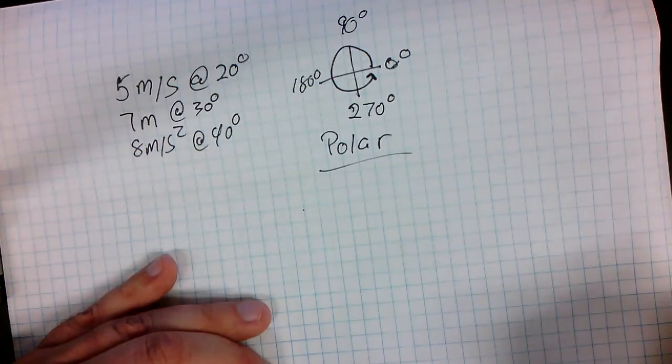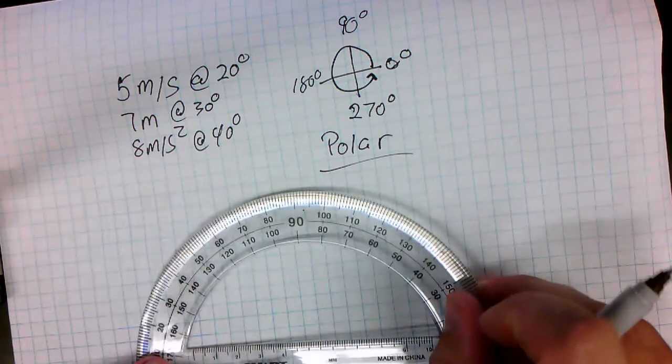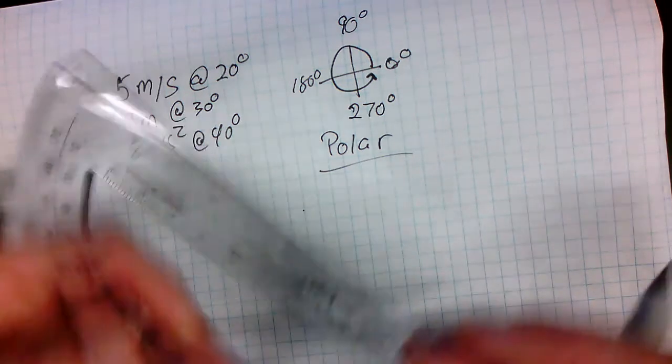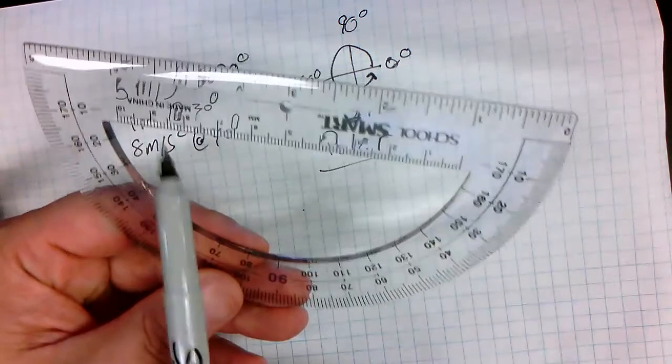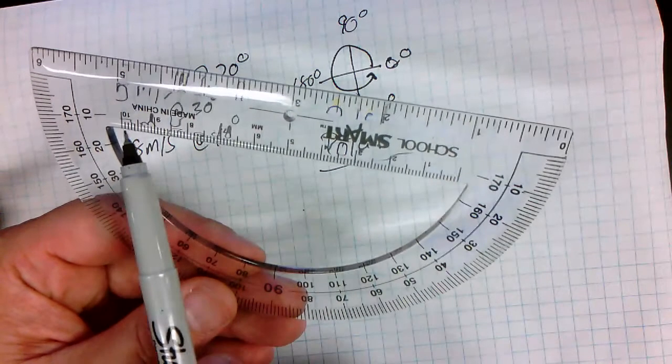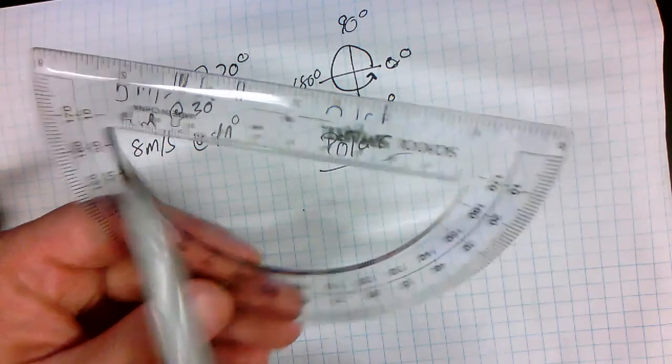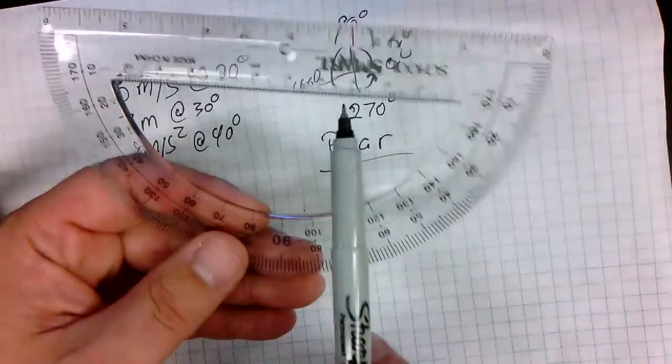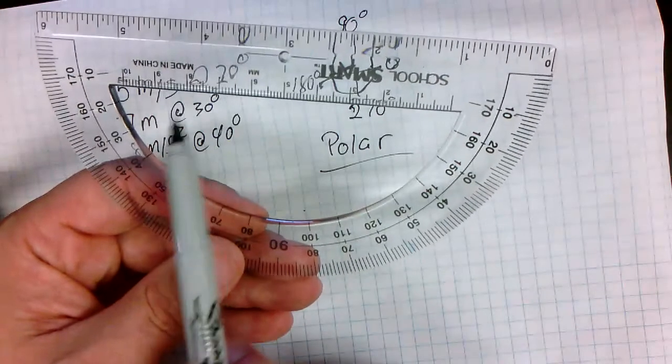The other thing that you need to know about a protractor is that a protractor does or could have a measuring scale on it. This protractor here measures from 0 to 10 centimeters, or it measures in inches. We're not going to use the inches. We're going to use the centimeters. It's in here.